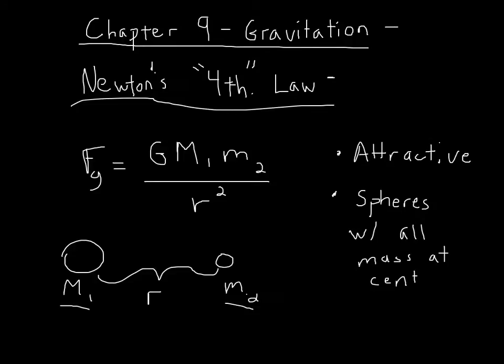So this is a concept way back from chapter 1 known as a point particle. So we treat all the masses in our problems typically as point particles, where all the mass is right at the middle of a sphere.